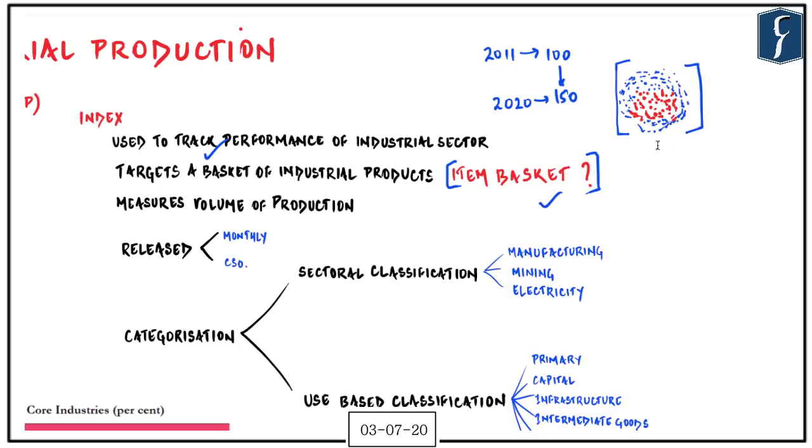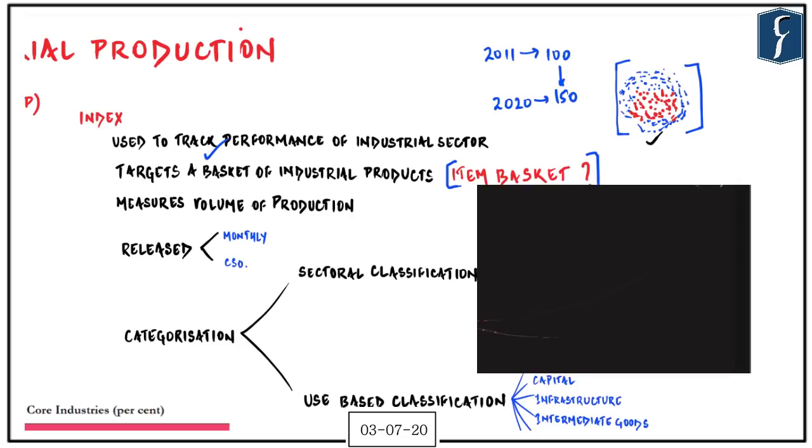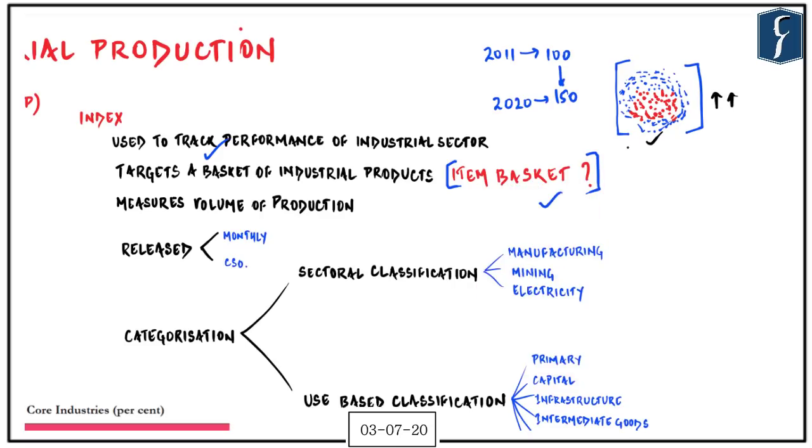And let's say after the survey, it has been found that the red dots are the ones which are most prominent. And it was found out that other industrial production were somewhat related to these red ones. So if red ones were found to have increased production, the blue ones also had increased production, and also vice versa. Since we have to collect the data on industrial activity every month, it would make our lives very easy if we just map these red industrial activities and apply the same to all others. So this selection of industrial activity for calculation of index is known as item basket.